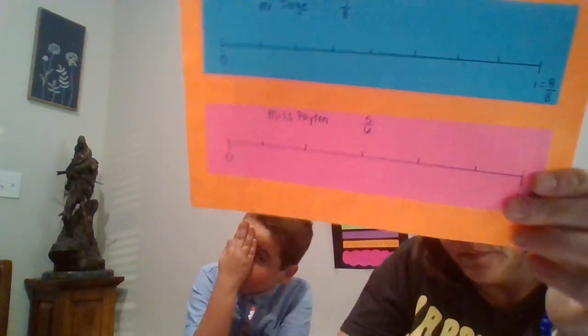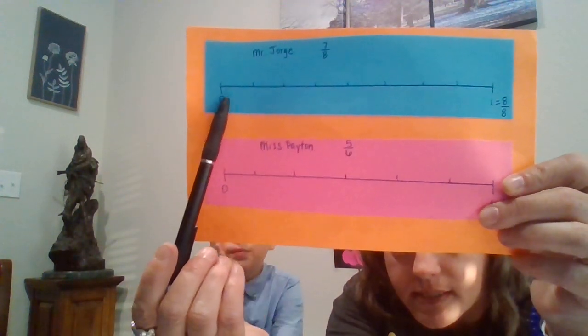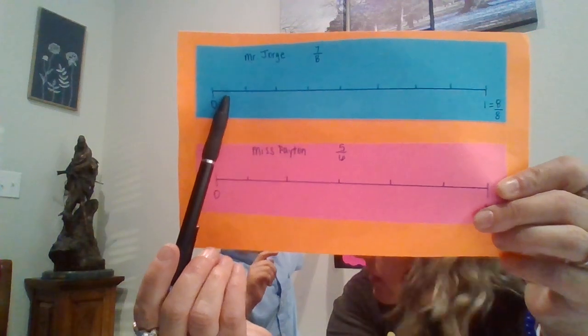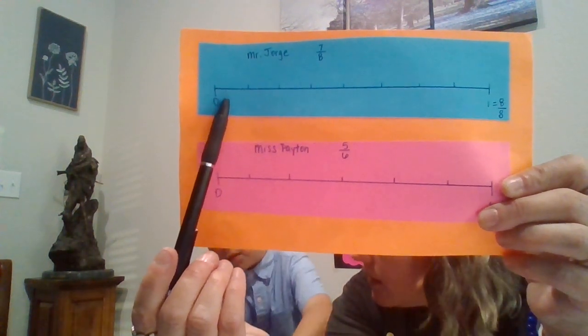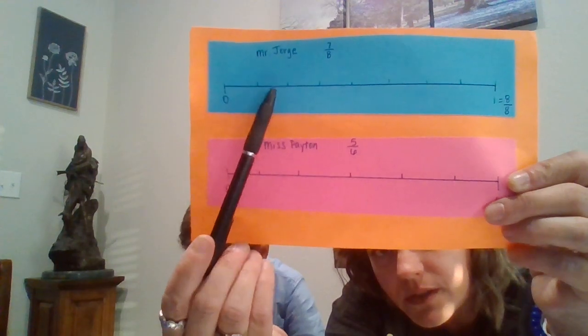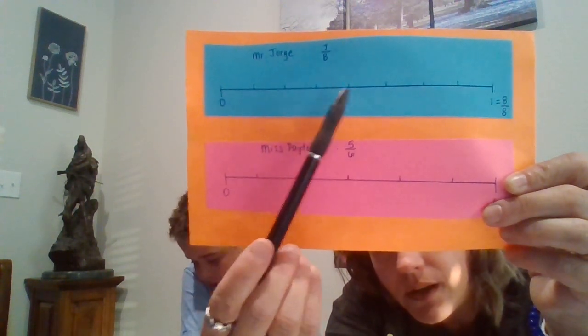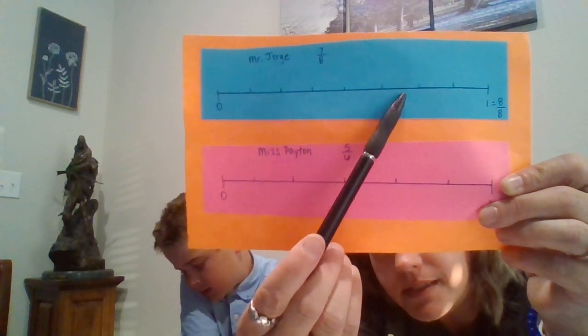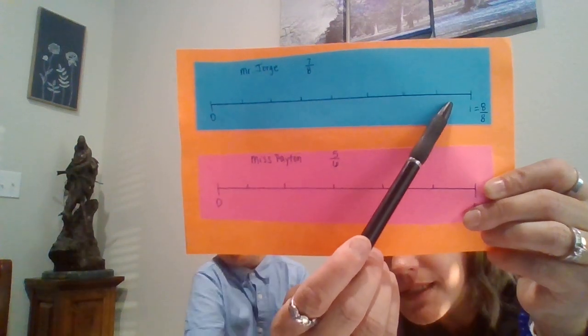Now, first, before you start anything, let's look at our first number line, okay? Let's count the spaces. Count them with me, on your number line on your paper, buddy. The first one, let's count the spaces. 1, 2, 3, 4, 5, 6, 7, 8.